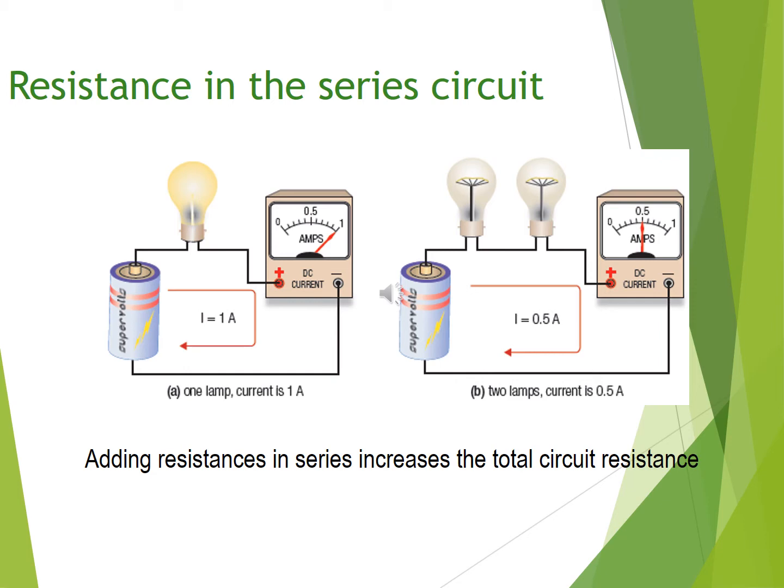And we can see now that if we add another light bulb, which we must assume has the same resistance as the first, if we add another light bulb in series, as we've done on the diagram on the right, circuit B, you can see that the current has reduced from 1 amp to half an amp.